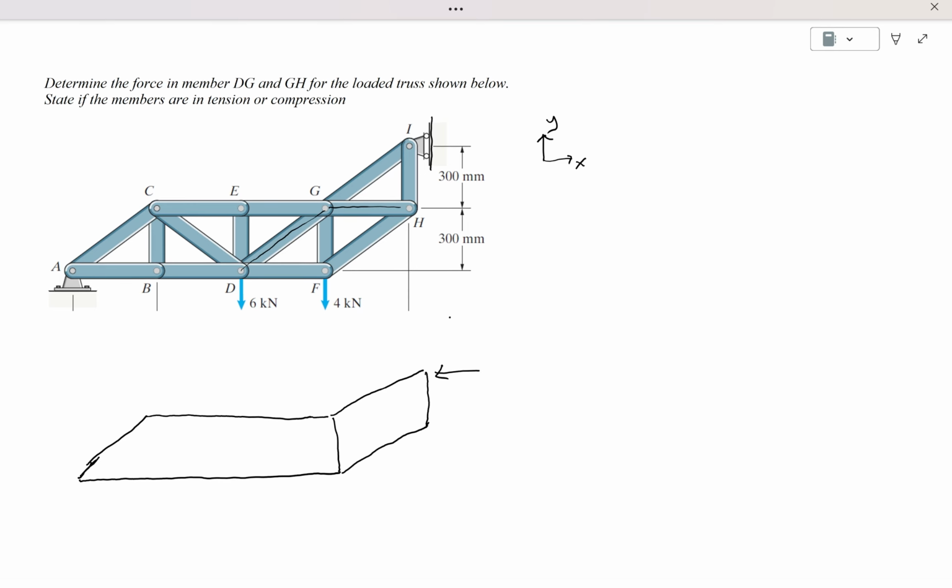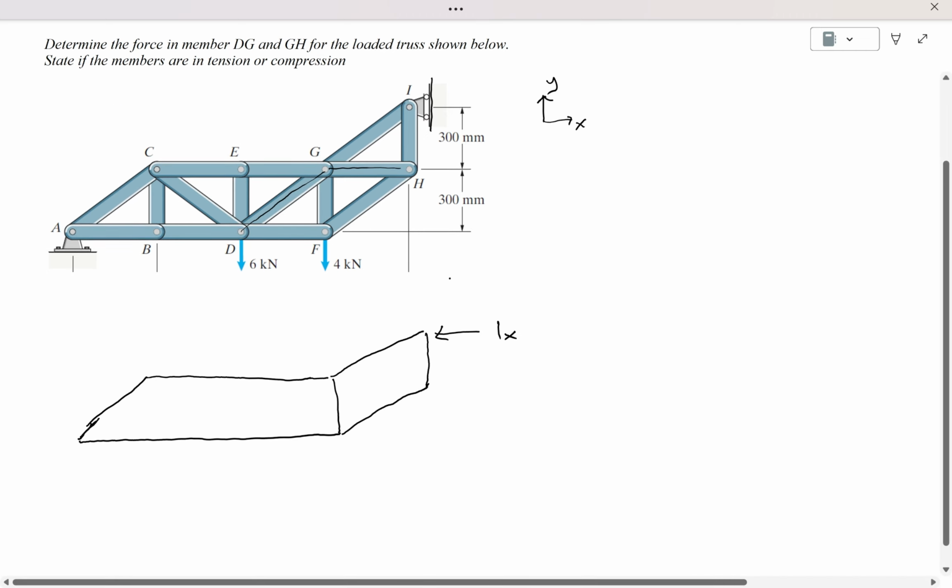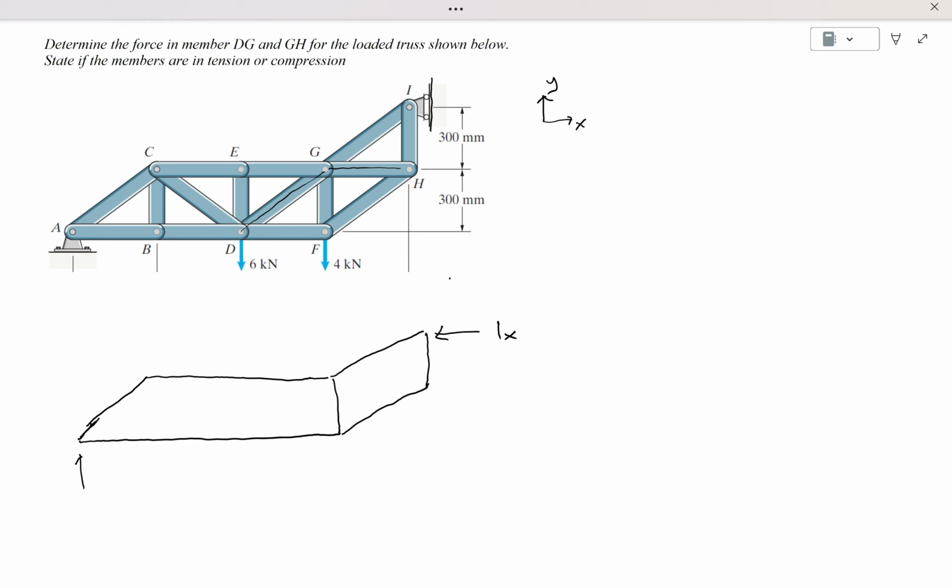So you need to be careful, because some students made mistakes. They put IY, instead they have to use IX, instead of IY. And then at point A, because it is a pin joint, you should replace it by two forces, AY and AX.